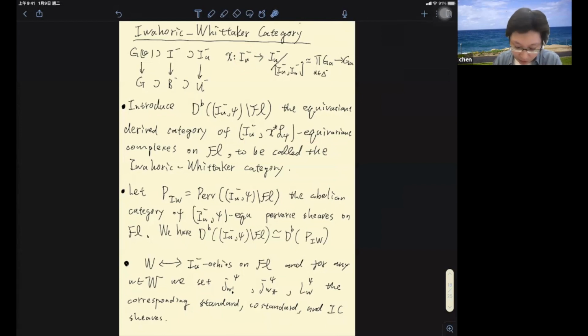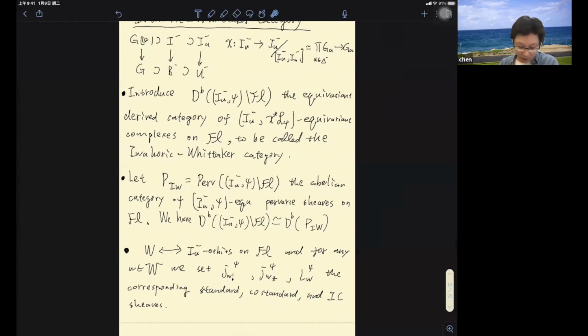And there are some nice properties about this category. First, you can consider the corresponding abelian category. It turns out the derived category is actually equivalent to the derived category of this abelian category, a general fact because I_u is pro-unipotent. And also there are I_u minus orbits on the affine flag variety, indexed by the extended affine Weyl group.